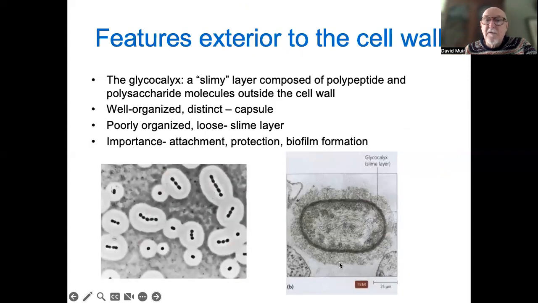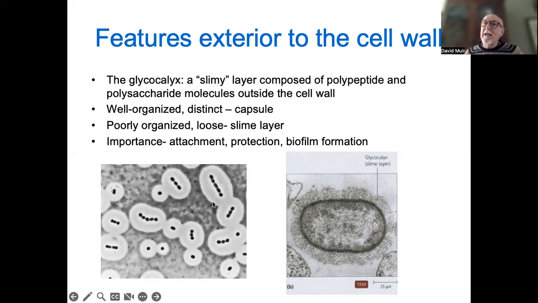Okay, some other features I did mention. The exterior to the cell wall, there is often a glycocalyx. And the glycocalyx is composed largely of mucoid proteins and polypeptides, and they take various forms. For example, sometimes they are very well organized and quite tight, close to the cell, and this we refer to as a capsule.